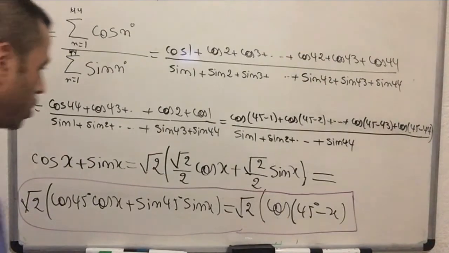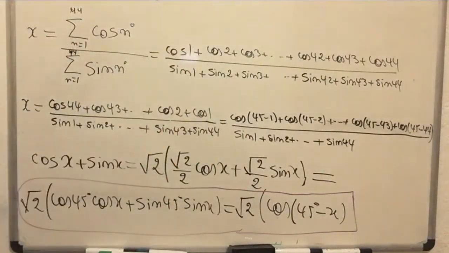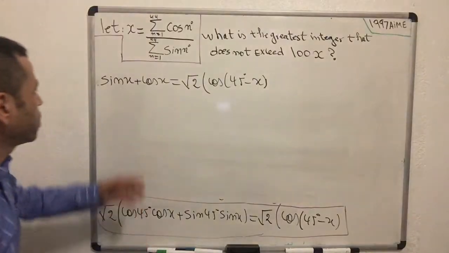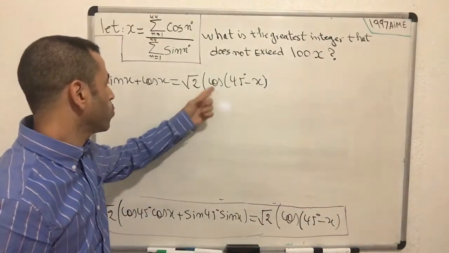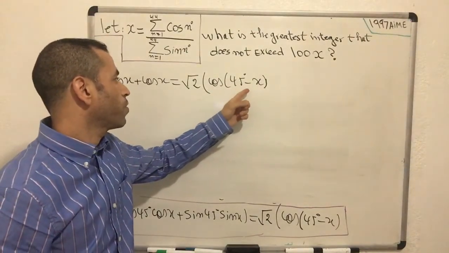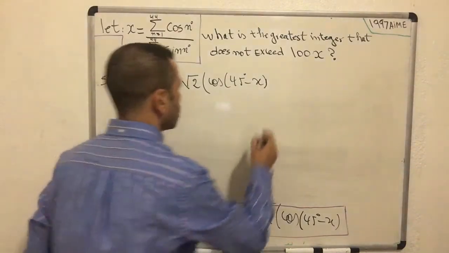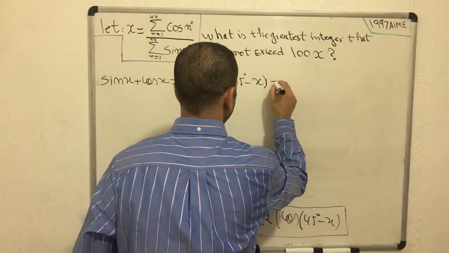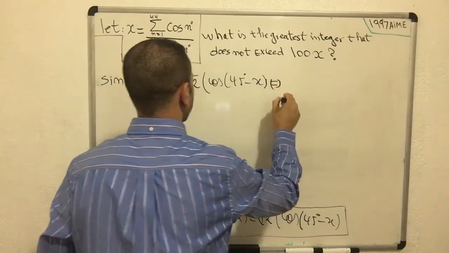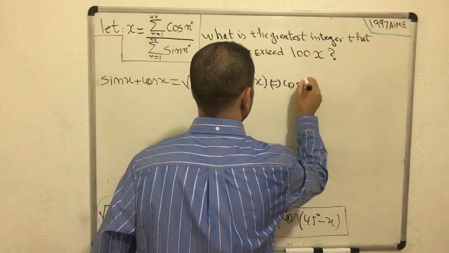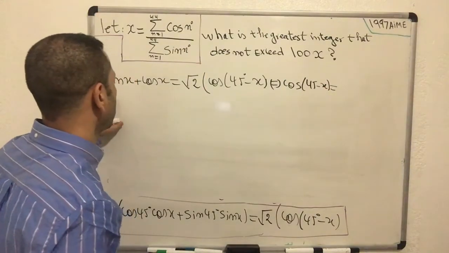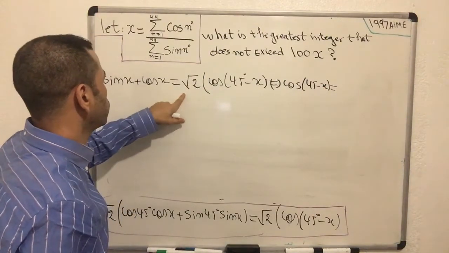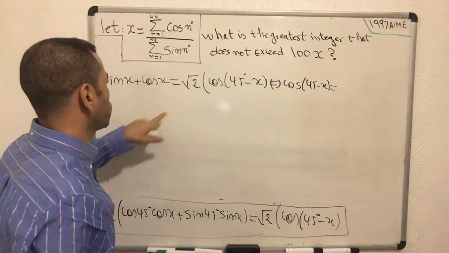Now let's take this at the top and continue with our problem. Since I found sine x plus cosine x equal to square root 2 multiplied by cosine of 45 minus x, I'm going to divide both sides by square root of 2.